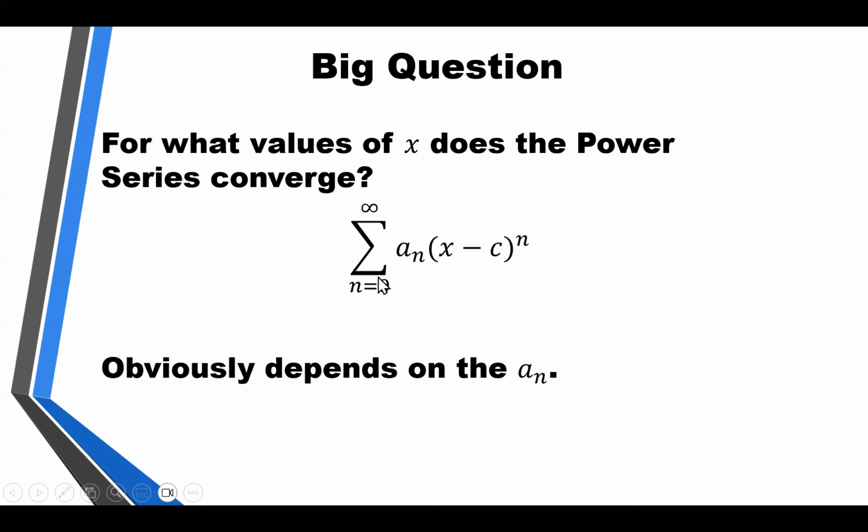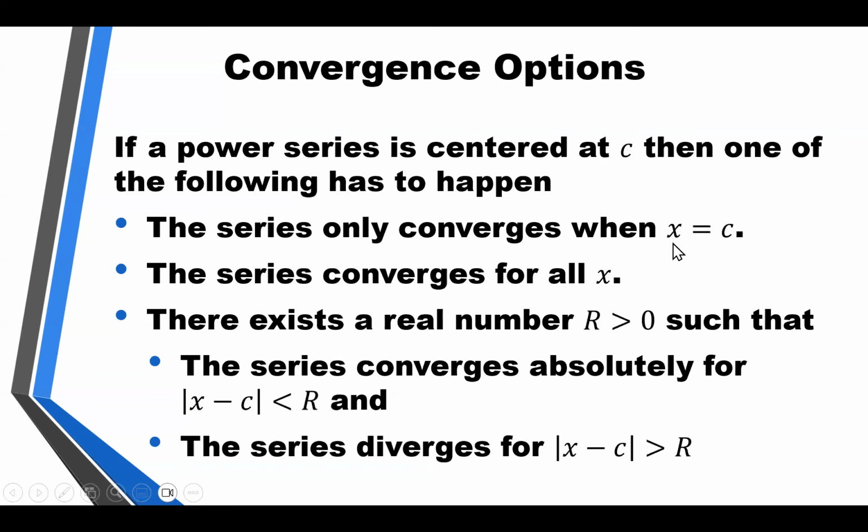So therefore, we're just summing up a bunch of zeros. So it always has to converge at least when you plug in c, because you get all zeros when you plug in c. And we're saying it does not converge for any other x values. So the only place it converges is at c, and it diverges everywhere else.